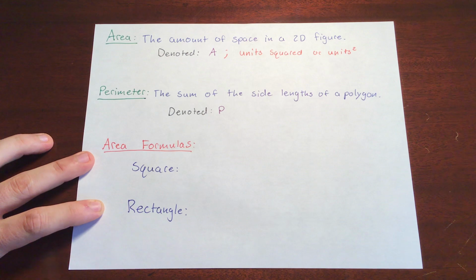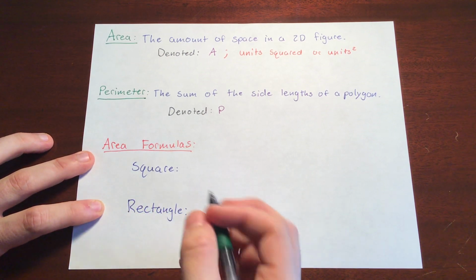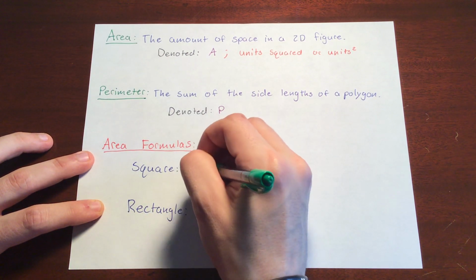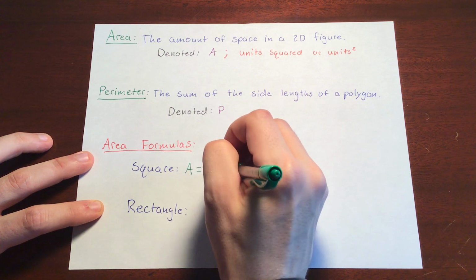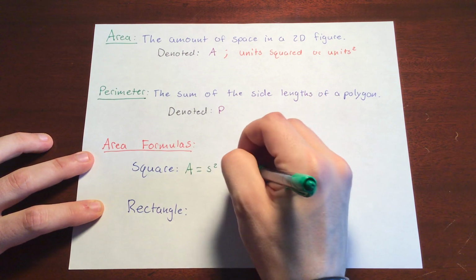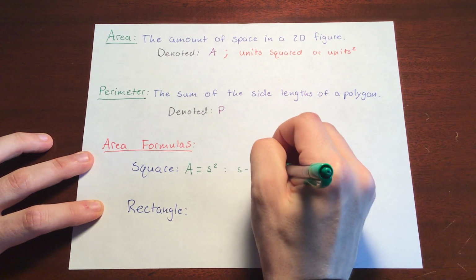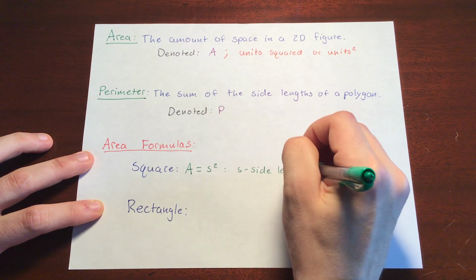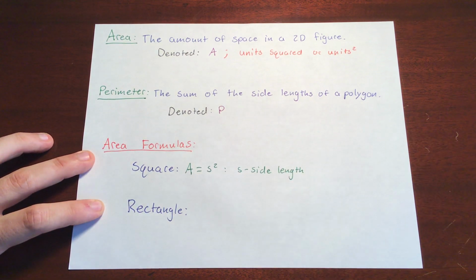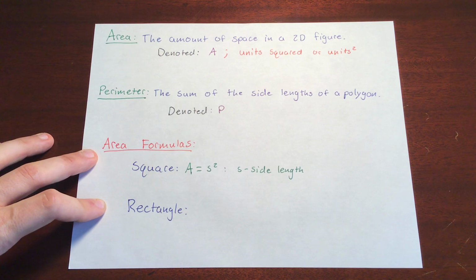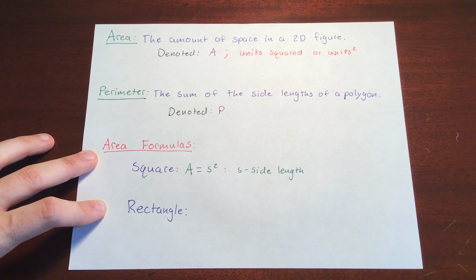The formula for the area of a square is going to be A equal to S squared, where S is our side length. In a square, we know all the sides are equal, so we only need to know the length of one side.